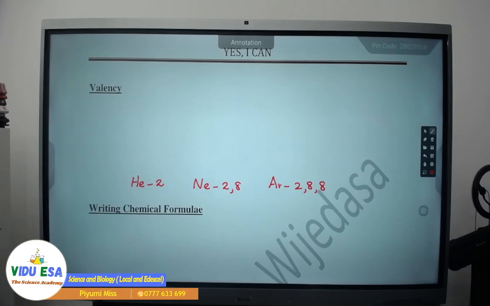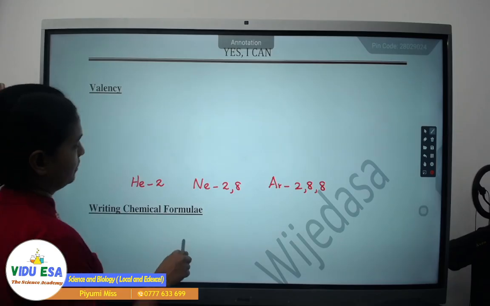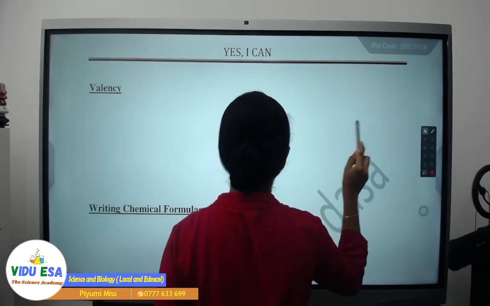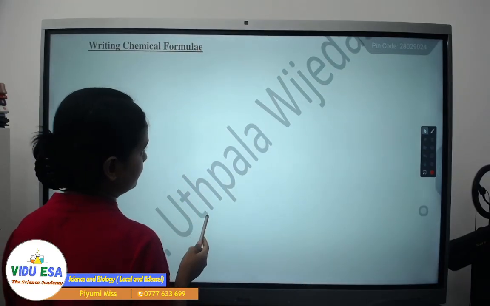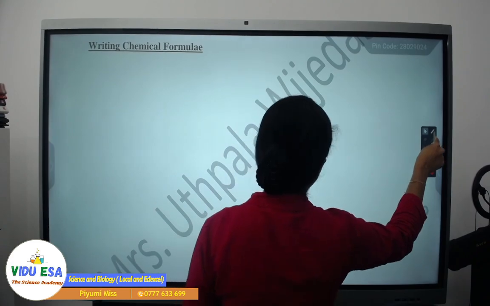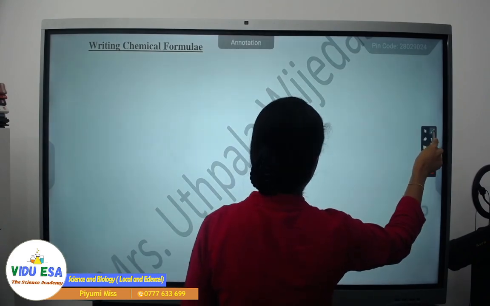Then we will move on to the valencies. In order to write the chemical formula, you need to know the valencies, right? So we'll draw a table. Under the topic writing chemical formula, you can draw a table mentioning the 20 elements in order, as well as we can write their valencies.